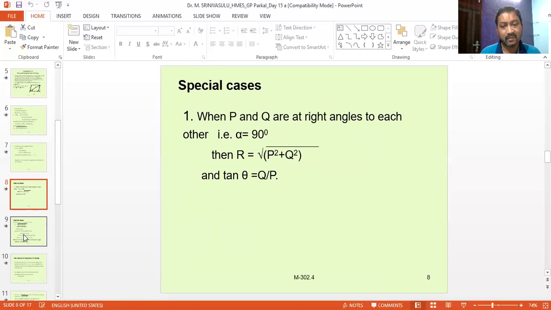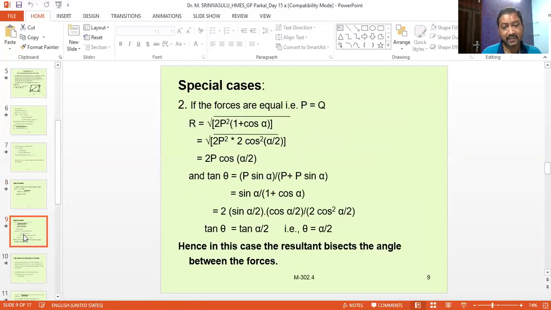If the forces act at right angles, what is the value of R? R becomes under root of p square plus q square, and tan theta becomes q by p, that is the ratio of the forces.